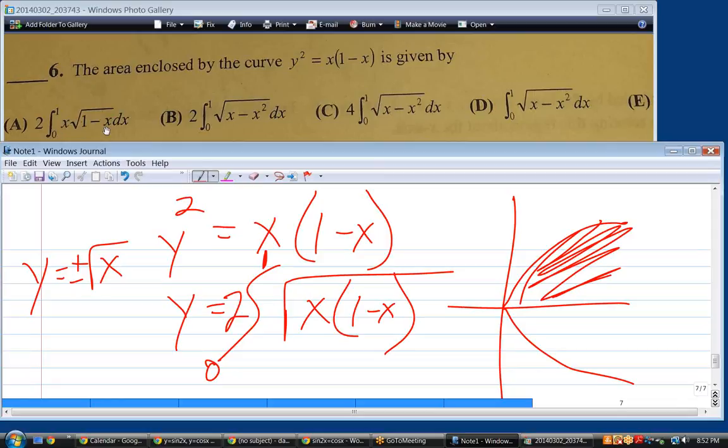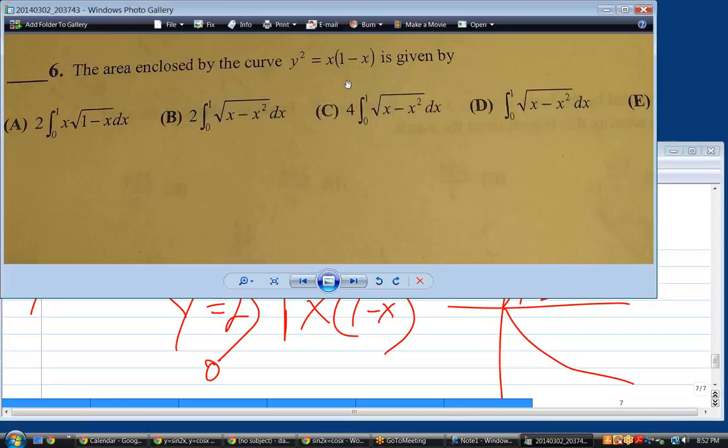Doesn't look like answer A. Excuse me, it looks like answer B. If I distribute this, it's x minus x squared. Plus or minus. Alright, I understand that one. Is B the correct answer? Yep.